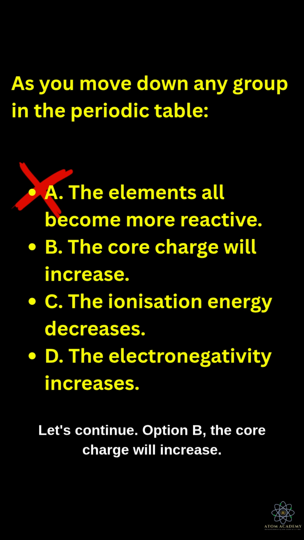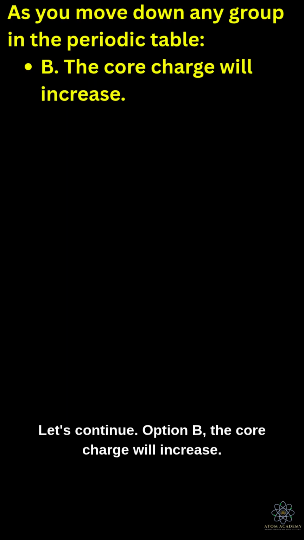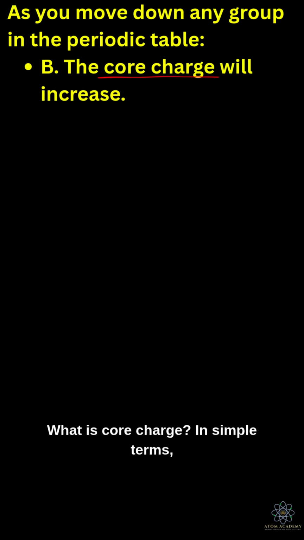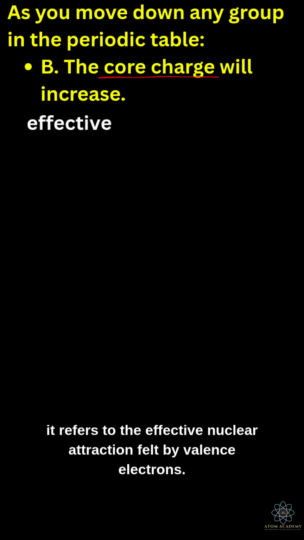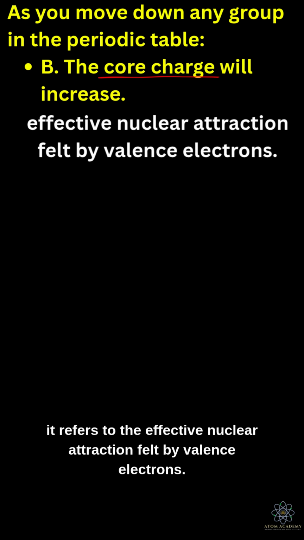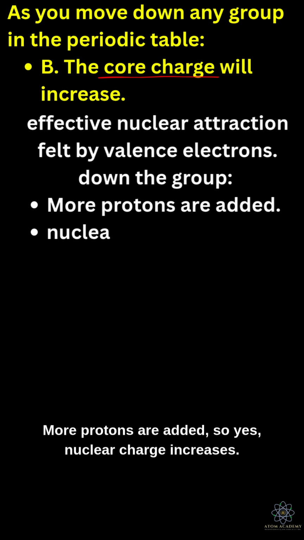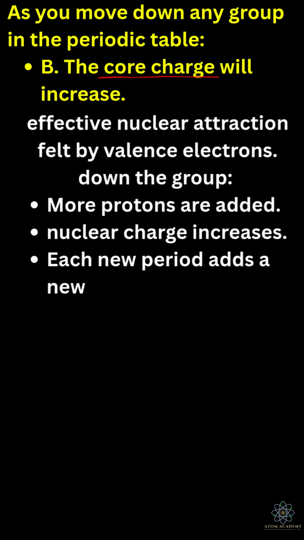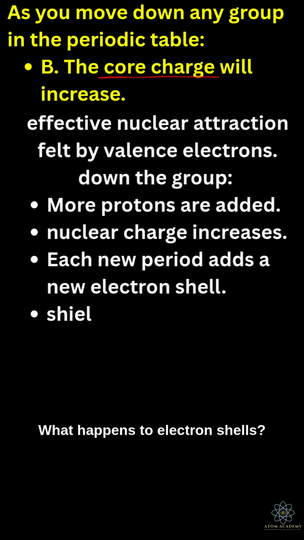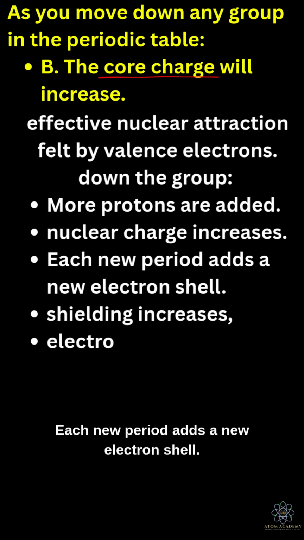Let's continue. Option B, the core charge will increase. What is core charge? In simple terms, it refers to the effective nuclear attraction felt by valence electrons. So what happens down the group? What happens to the nucleus? More protons are added, so yes, nuclear charge increases. What happens to electron shells? Each new period adds a new electron shell.